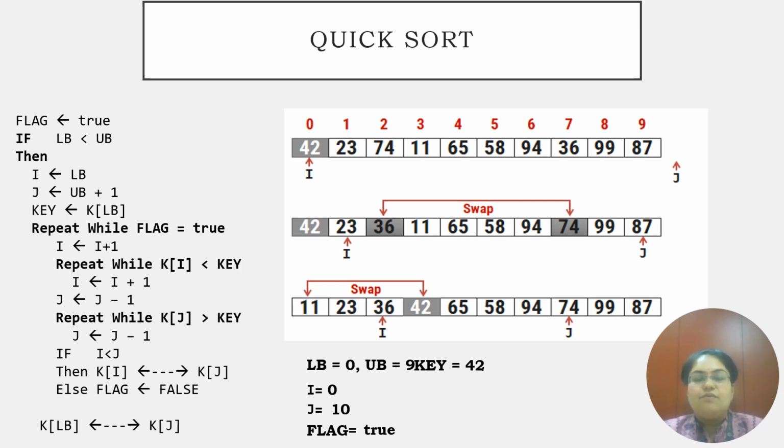Our j was at upper bound, so we are repeatedly decreasing the value of j until we find the value which is greater than the particular value. So we are not finding any kind of value where we can say i is less than j.